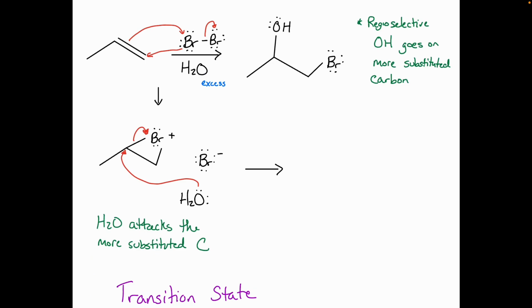Okay, so now I have broken that triangle open, so my bromine is on that first carbon. But on this carbon now I still have just a water that's been added.